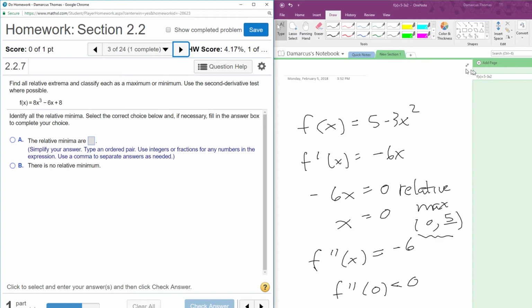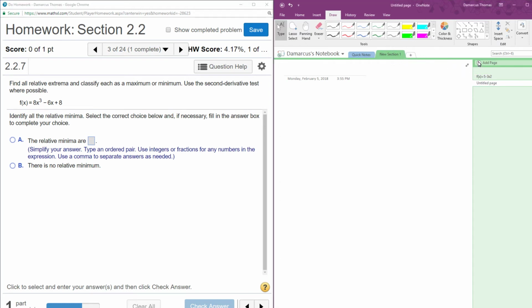So let's actually pull up another one and let's look at this function. So the first thing I'm going to do is take f prime of x.